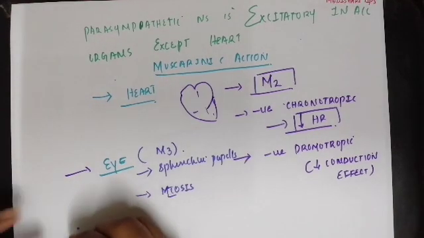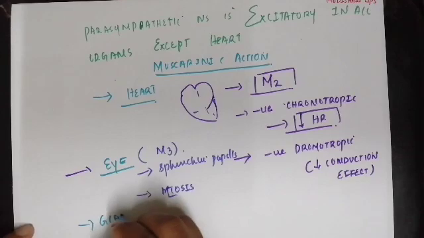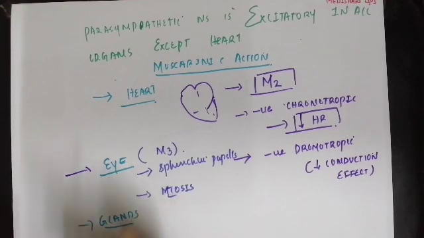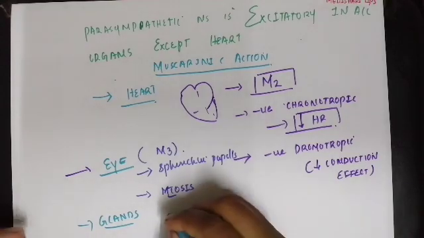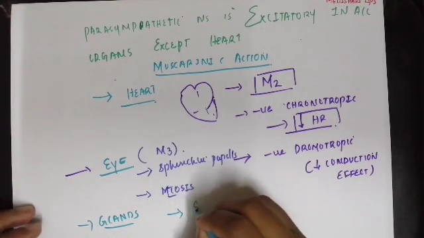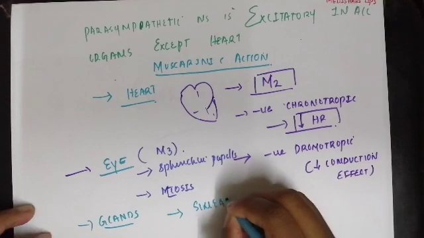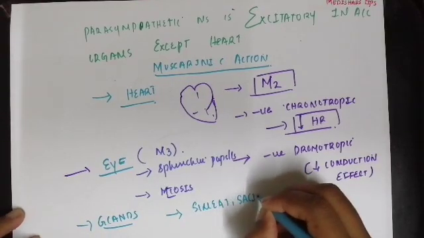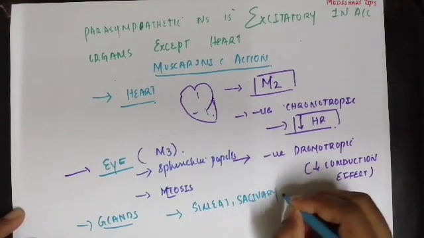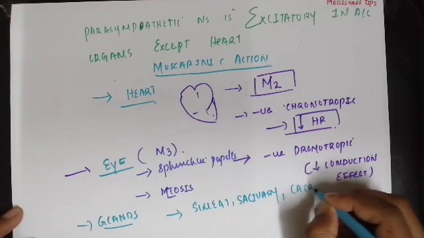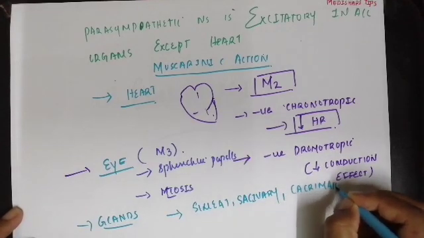Now we'll see the effect on the glands. We have said that in all organs except the heart, it will have an excitatory effect. So what happens in the glands? The glands are the sweat glands, salivary glands, and lacrimal glands. In all these glands, the secretion will increase.